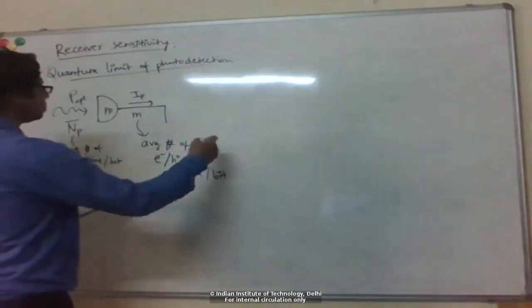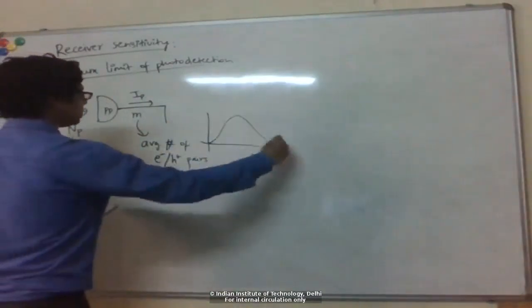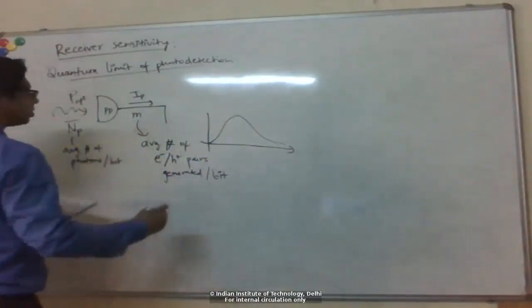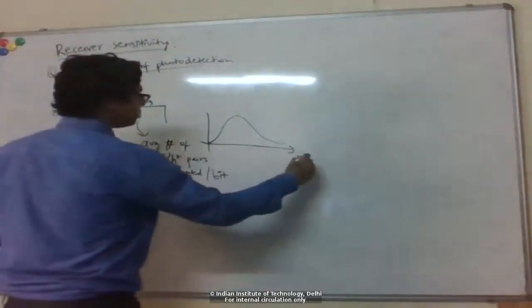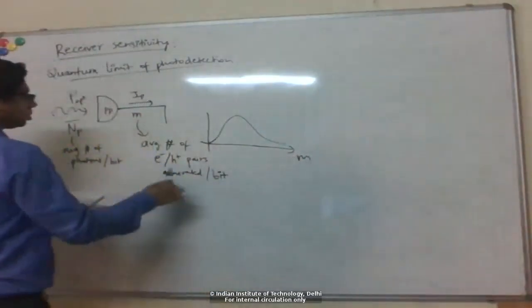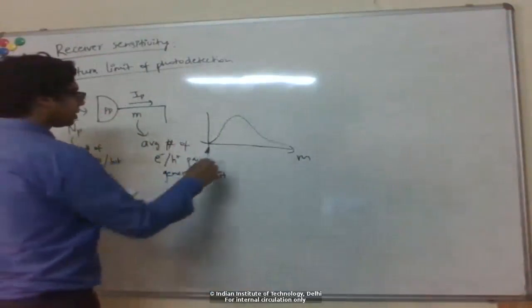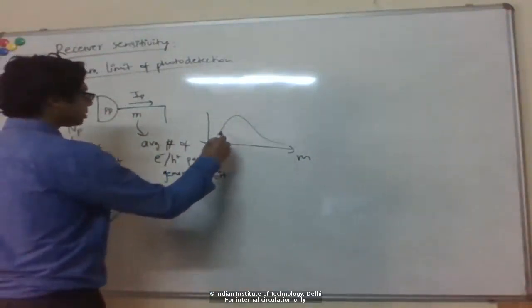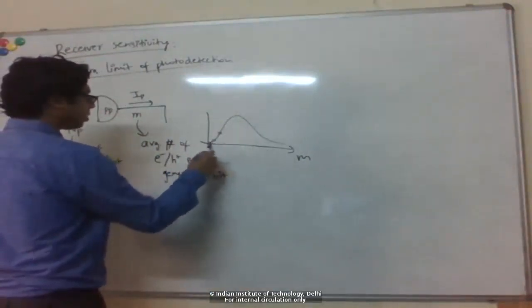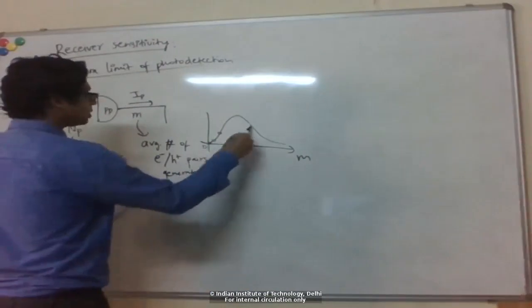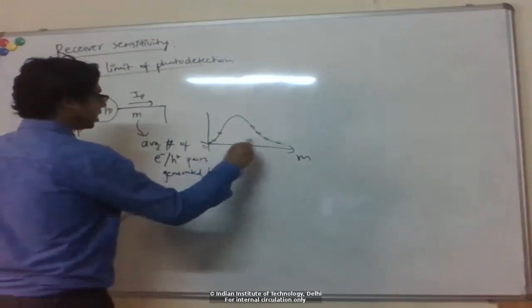It follows the Poissonian statistics that we discussed last time. If you measure the value of m from many different bits, sometimes we'll get a value of m which is low, sometimes high.